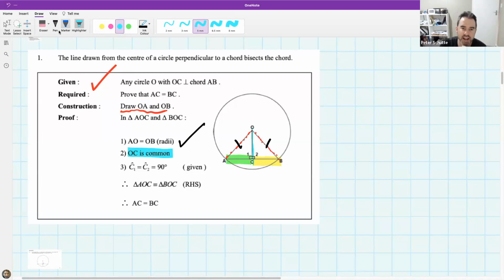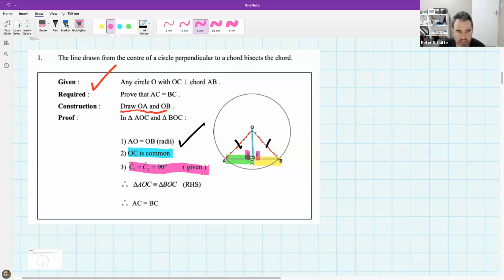And you are given that C1 is equal to C2 is equal to 90, because remember that you were given at the beginning that OC is perpendicular to AB. Then you say the triangle on the left, triangle AOC, is congruent to triangle BOC.